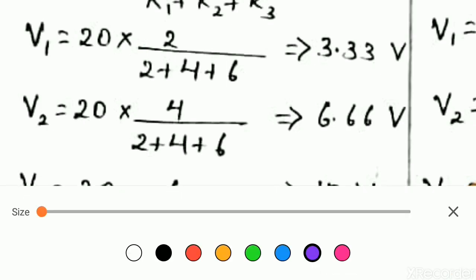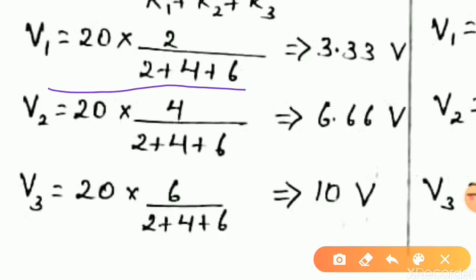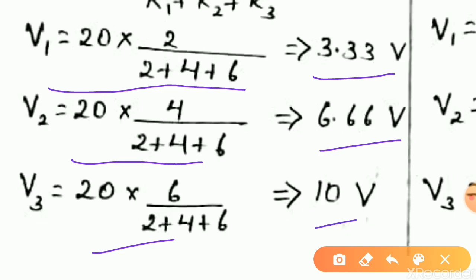V1 is equal to 20 into 2 upon the summation of resistors. V2 is equal to 20 into 4 upon the summation of resistors. Similarly for V3. The results that we get are 3.33 volt, 6.66 volt and 10 volt.